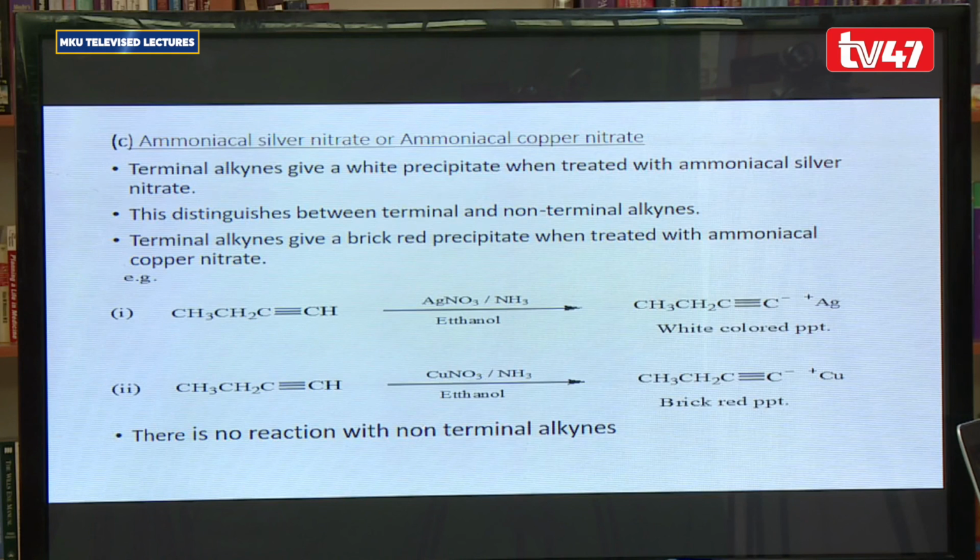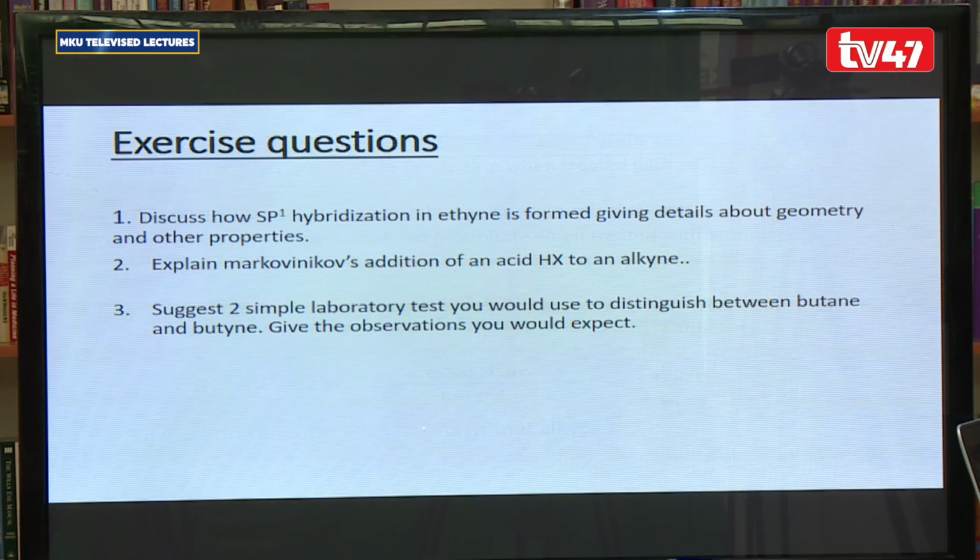This can differentiate between alkynes and alkenes. Again, this test can also differentiate between terminal and non-terminal alkynes, because whereas the non-terminal alkynes will give a white precipitate, terminal alkynes will give a brick-red precipitate. That generally brings to the end of the coverage on alkynes.